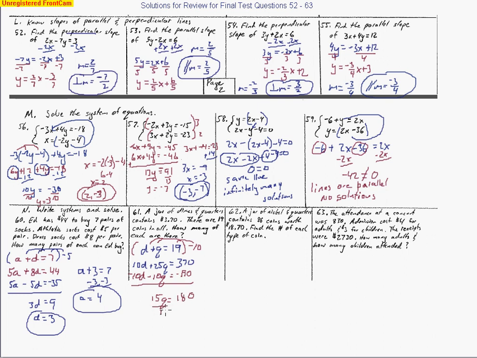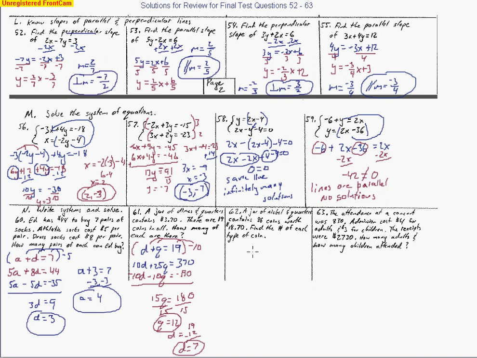So when I divide by 15 on all sides, I end up with the number of quarters equaling 12. So 12 quarters. If I subtract that from the total, the number of dimes is going to equal 19 minus 12. Number of quarters subtracted from the total gives me 7 dimes altogether. So 7 dimes, 12 quarters. Look at our next one.